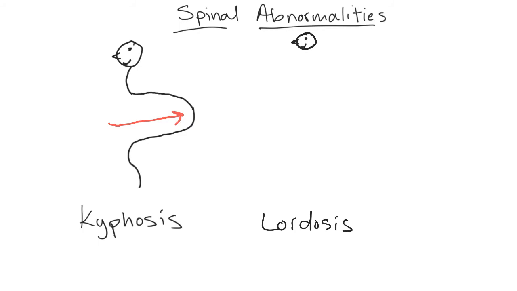Okay, we'll continue to use our profile. We've got normal secondary curvature in the cervical spine. All right, so actually let's do normal cervical vertebra curvature, normal thoracic, and then, all right, so describe lordosis to your neighbor.